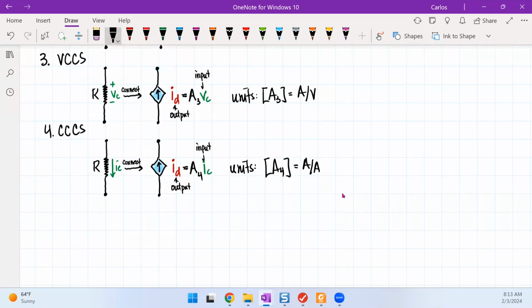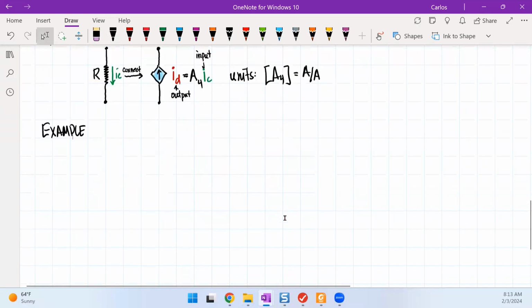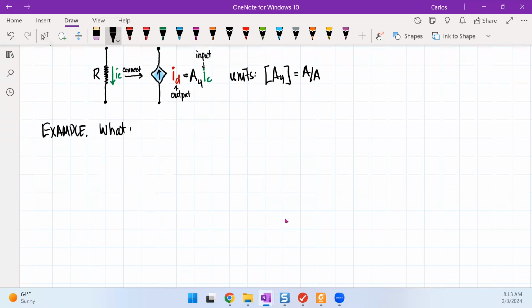So let's look at an example, to give us a sense of where we're headed on this. What is the gain in each circuit?